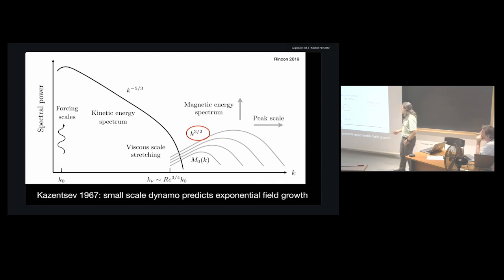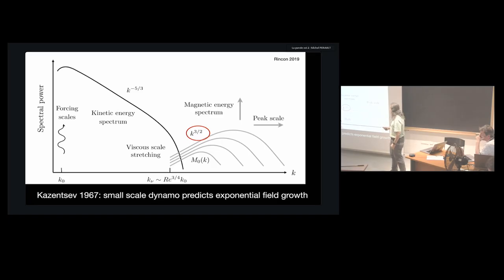First, there's the small-scale fluctuation Kazantsev dynamo, which predicts that if you have a wide variety of turbulent velocity fluctuations with some spectrum, perhaps Kolmogorov-like, it will predict exponential growth in the magnetic field at the dissipation scale. So the smallest scale velocity fluctuations are the ones that are driving magnetic field growth.